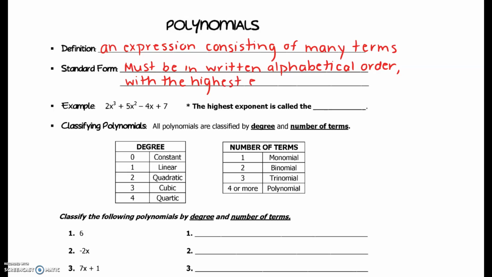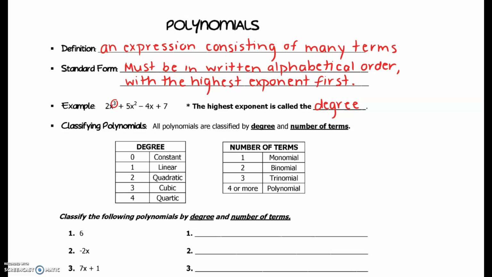So if we have a 3, a 2, a 1, and then a constant term, obviously that would be written in standard form. So the highest exponent is called the degree. And if you look at this example that's given here, you can see it's written in standard form.